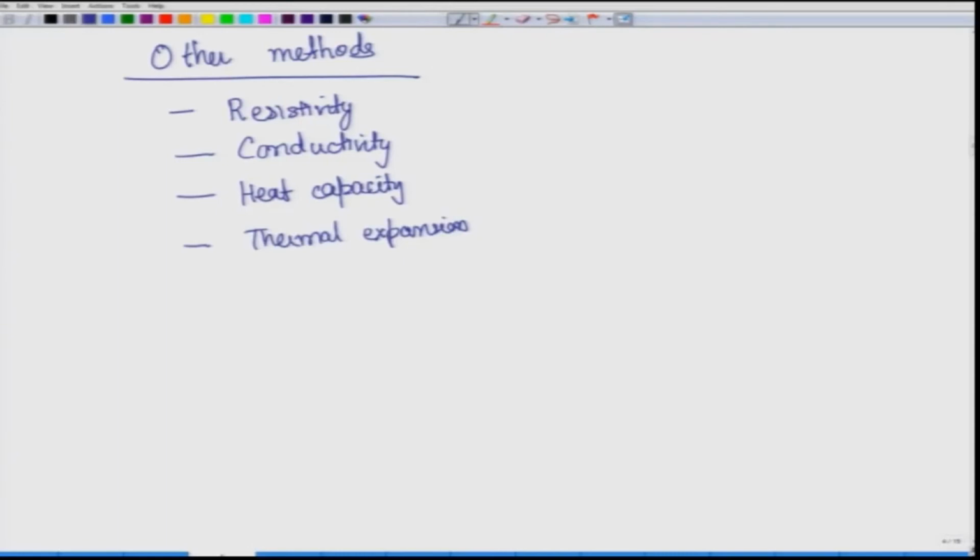And the last one that we discussed, which was positron annihilation spectroscopy, the most important aspect of this method is that it is particularly useful for low concentration.